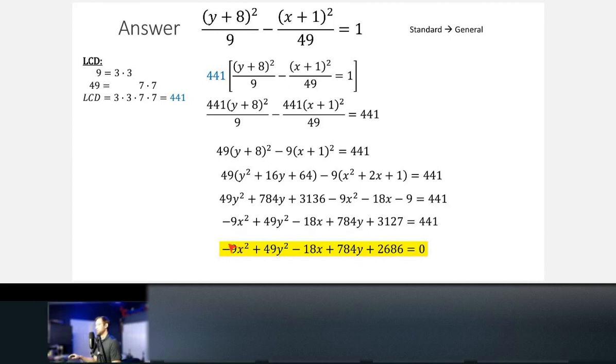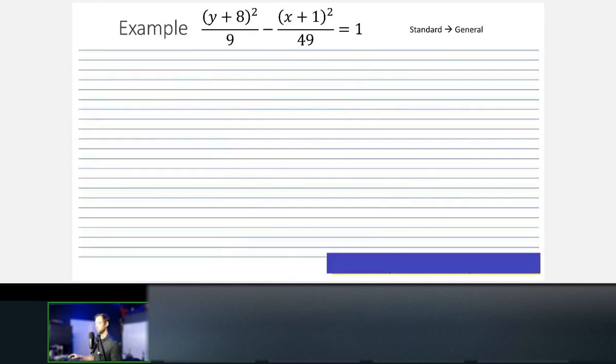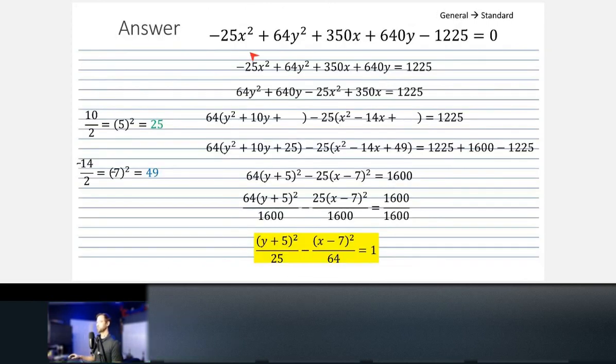Now, I know why a lot of you wanted to say put the y stuff first, and that was because when we did this example over here, and we had to go from general to standard, we had to reorder it so the positive squared variable was first, followed by the negative, because the form should end with the negative in the middle.